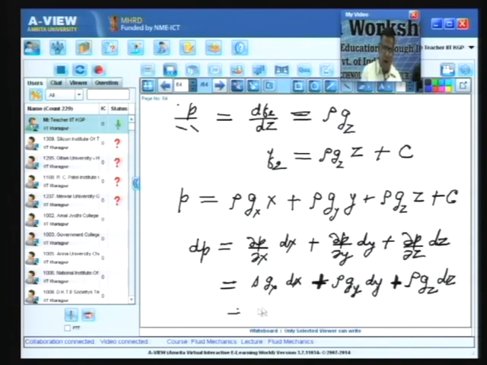So, this I can write as d of, since rho and g x are constants, rho g x x plus rho g y y plus rho g z z.